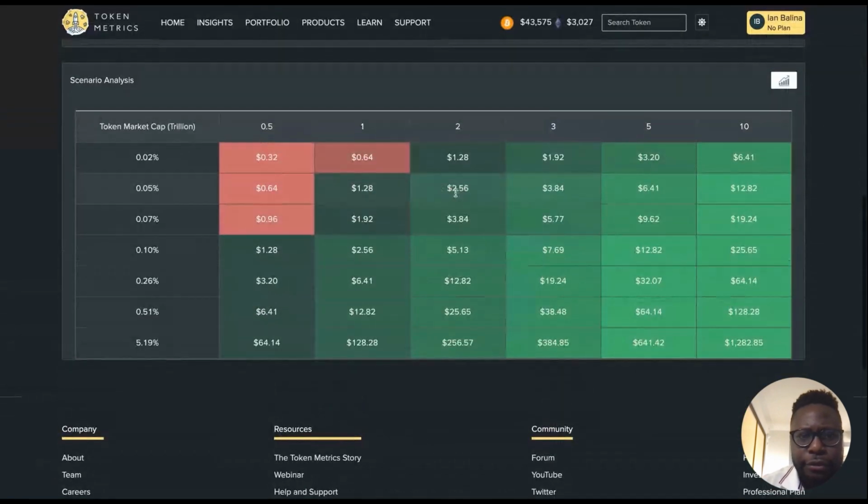So basically it's somewhere around here, around 0.05% of the total crypto market cap. Right now, let's say total crypto market cap were to increase, but its share of the market cap would stay the same. Audio could go to $6 at 5 trillion and $12 at 10 trillion.